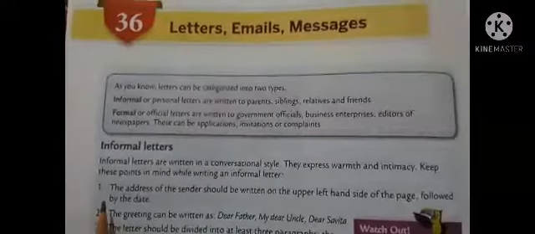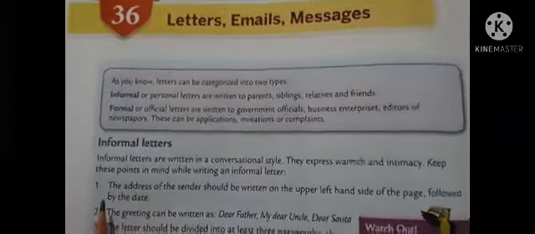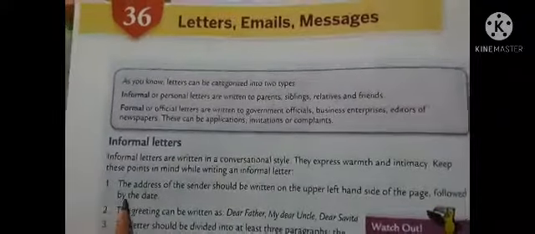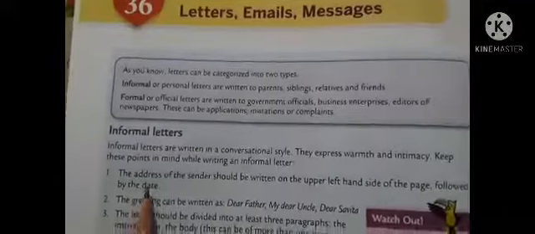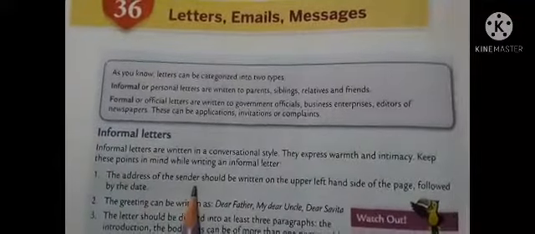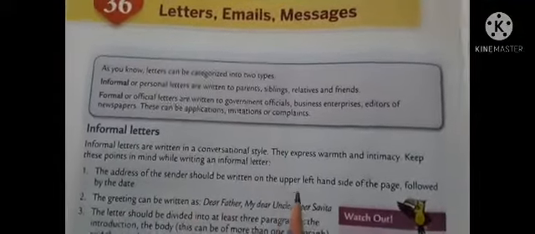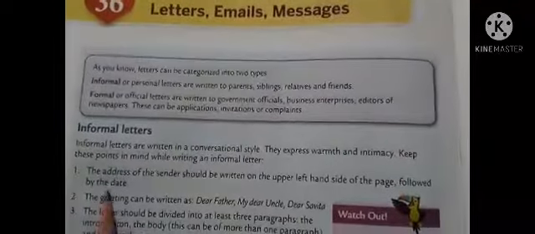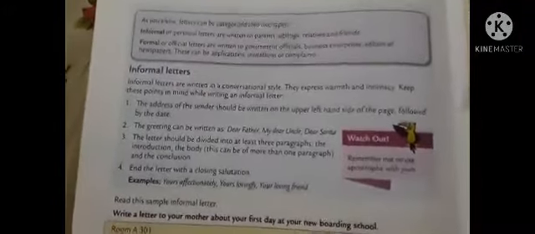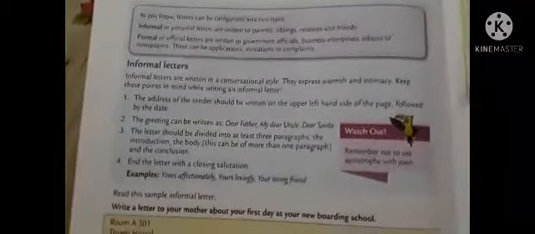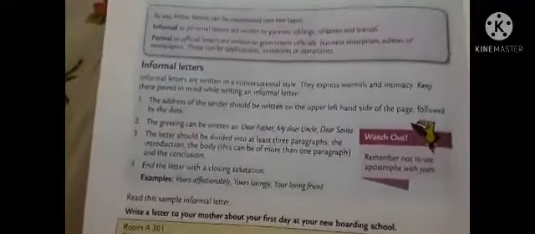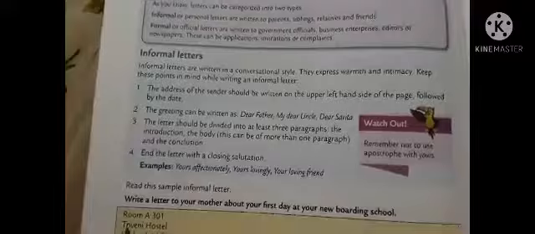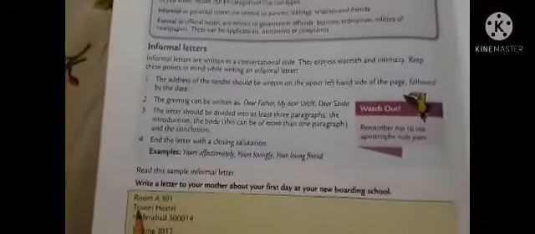So when we write an informal letter, we should mention the address of the sender on the upper left hand side of the page, followed by the date. The sender's address should be written on the left side as given here.